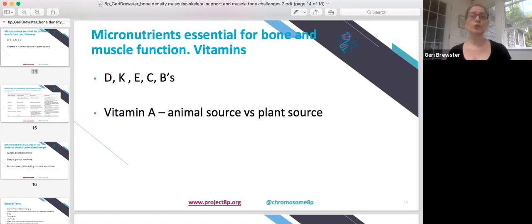There are some chewables. Orthomolecular has a pediatric brand of supplements called Springboard, and within Springboard there's a chewable children's multivitamin that has a nice composition.